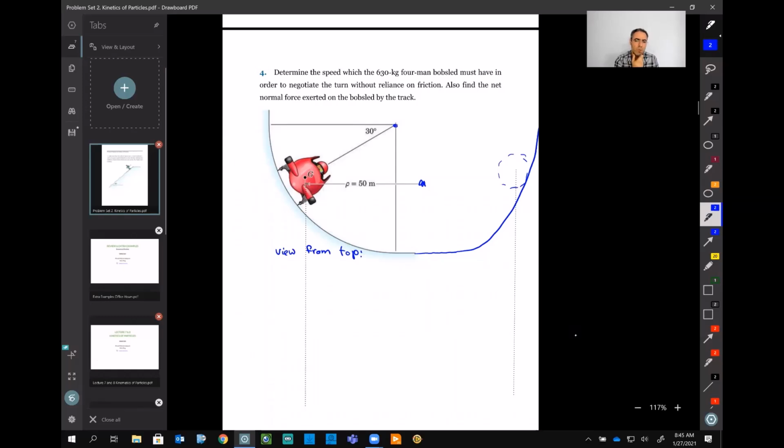So for those of you who missed yesterday and couldn't watch the videos so far, I just want you to think about this question and try to see what you see here. I'll let you read it. You have this machine called a bobsled.